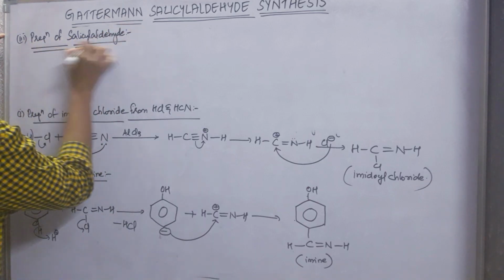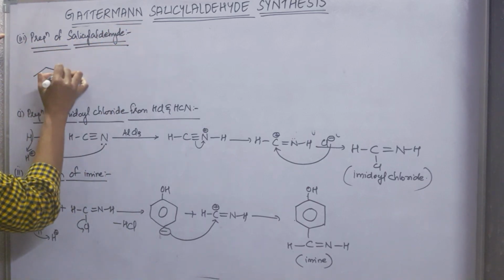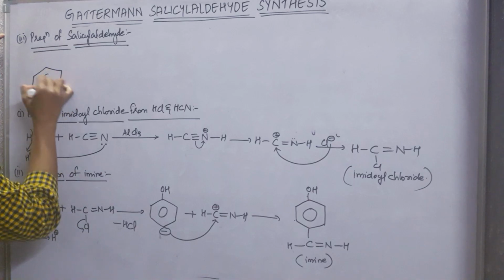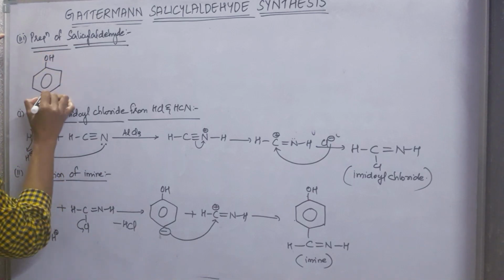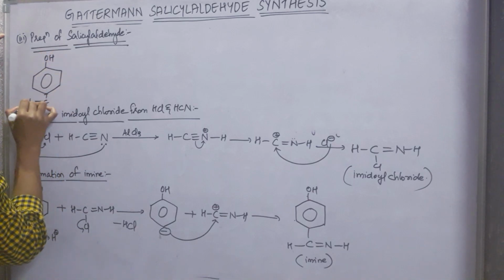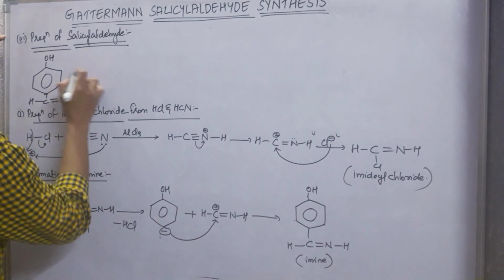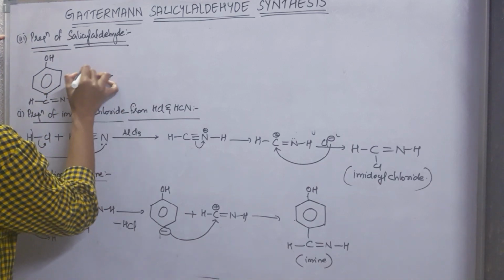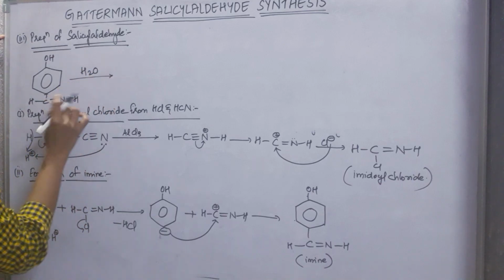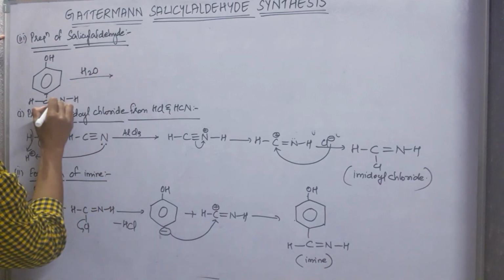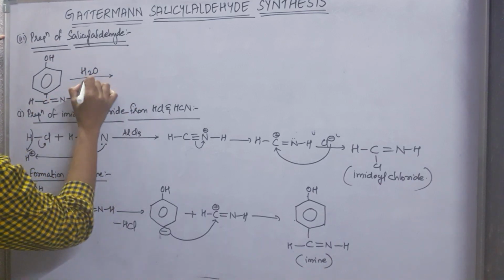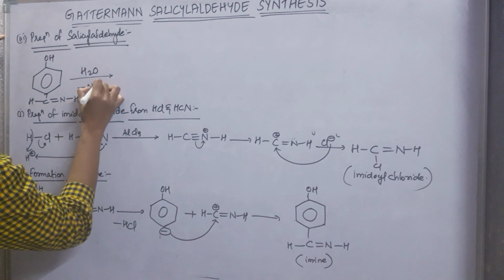So here the imine in the presence of a water molecule: OH, C, H double bond N, H. Now this imine, in the presence of H2O, first eliminates NH3.